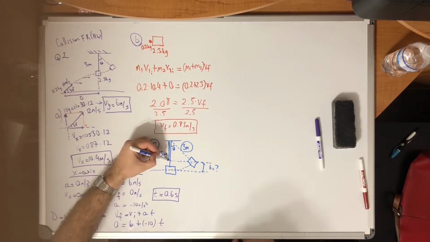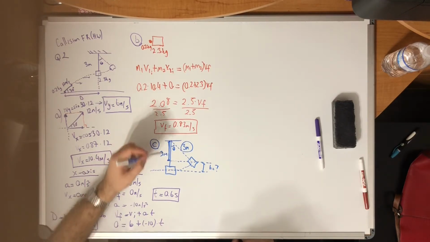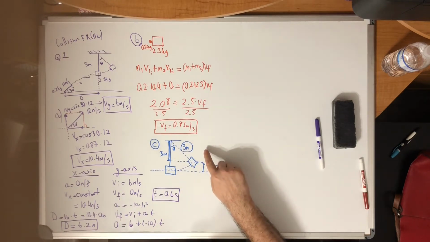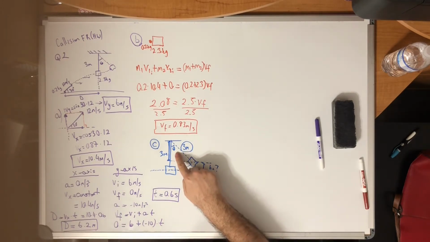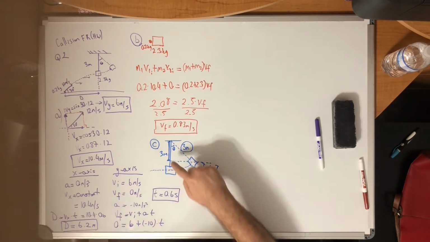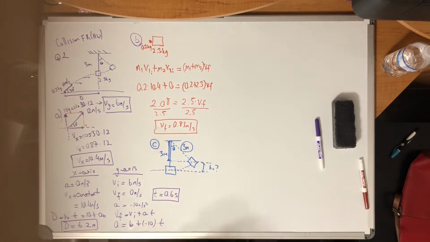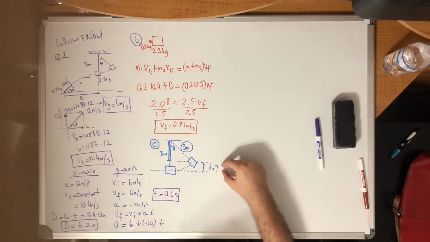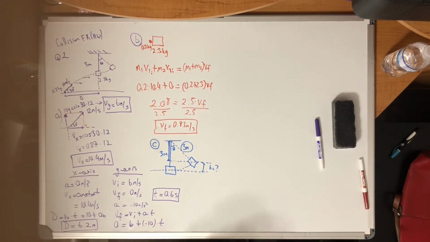Because if I know this length, then I can use the cosine function, because cosine is this length divided by the hypotenuse. But to be able to figure this length out, I'm going to need that small tiny difference. So let's figure out how we find that height.